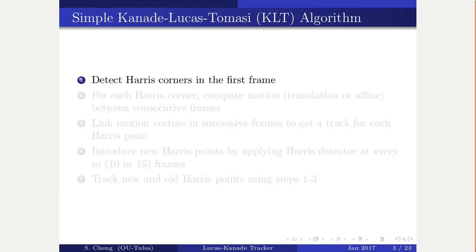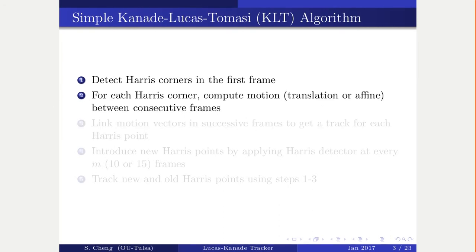So there are lots of variations, but the most basic form is like this. We have these 5 steps. First, we'll just detect Harris corners, basically some Harris corner detection. Just detect some corners in the first frame. And for the next step, we will try to compute motion for each Harris corner between successive frames.